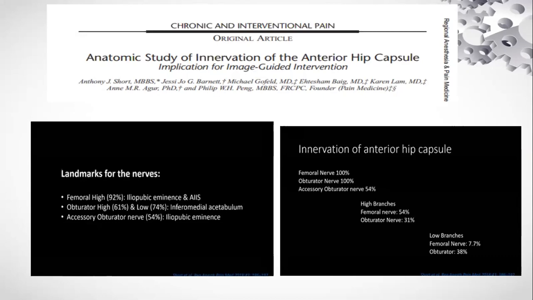So the study has been designed with that aspect in mind. A lot of important highlights from this study that I have tried to show here are the landmarks for the nerves.